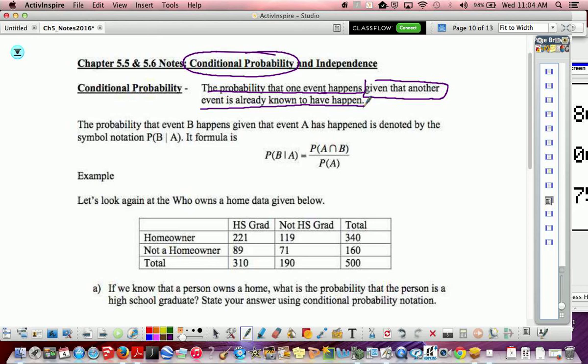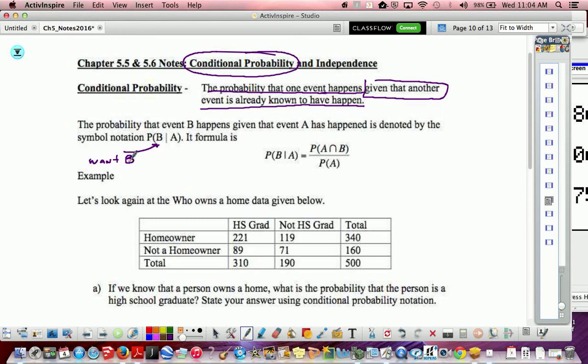Now, before we jump into an example, we want to give you some of the symbol notation. As it reads here, the probability that event B happens, given that A has already happened, is denoted by this notation: P of, and the way I like to say this is the first event is what you want.